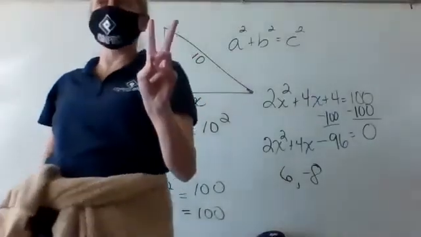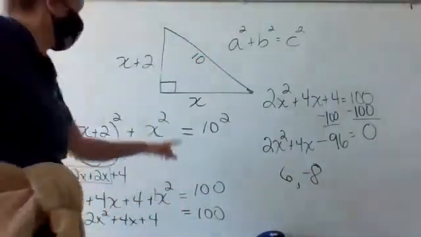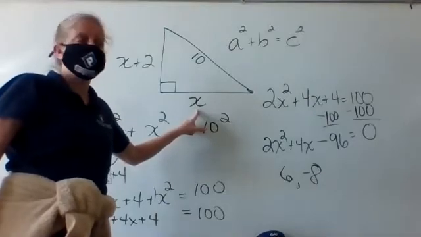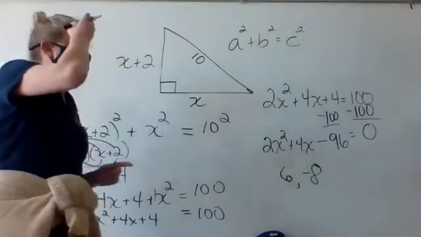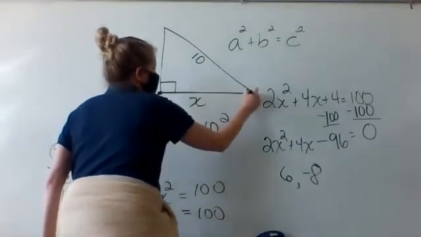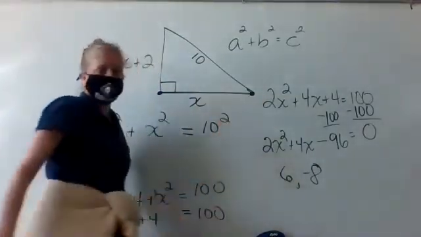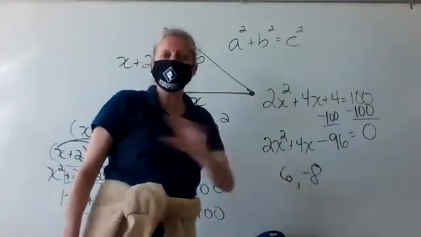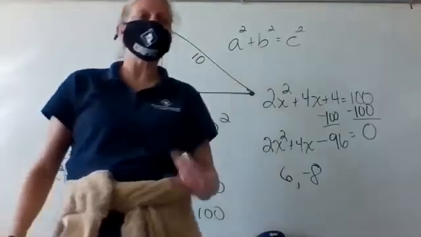So I got 2 solutions, but this x can only be one thing, right? So what is this x representing? It's representing the distance from this side to that wire, which means that's not going to be a negative number, right? It's a distance. It's going to be a positive number.